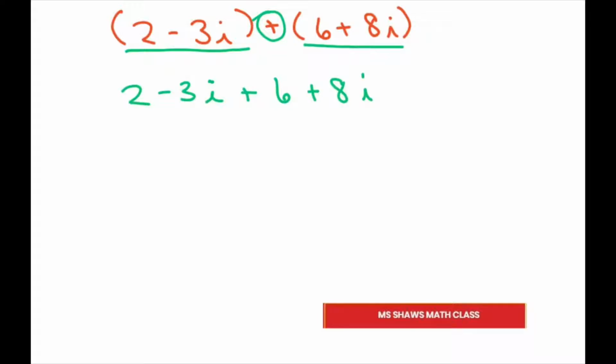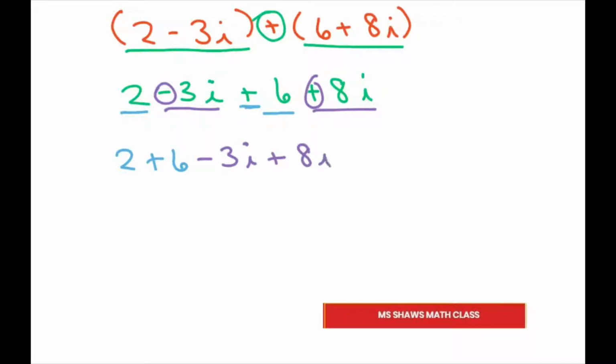Now let's group our non-i's together. So you take whatever's in front, 2 plus 6. And now let's take our i components and just whatever's in front of it, you write that. So we have a plus here. And then you collect your like terms and simplify. So basically, let's see, you add those 2 up and you get 8.